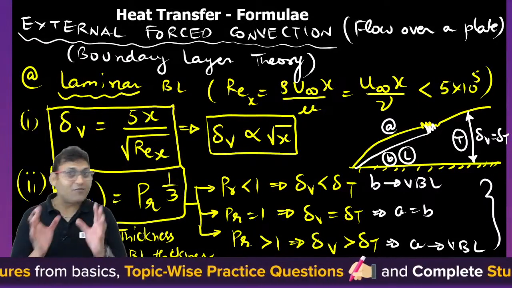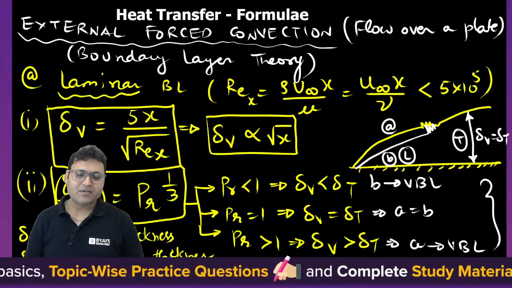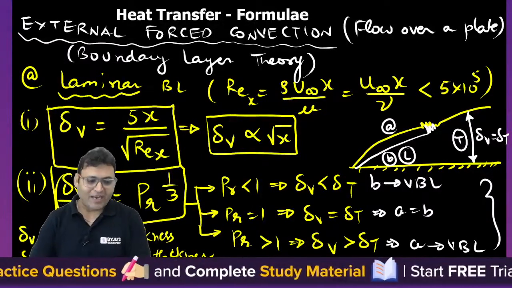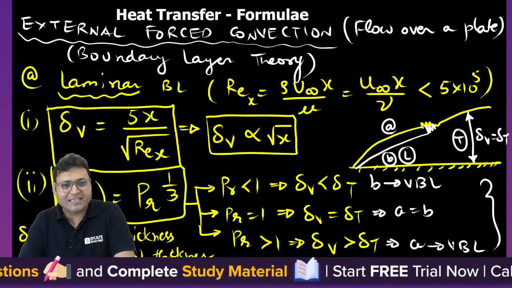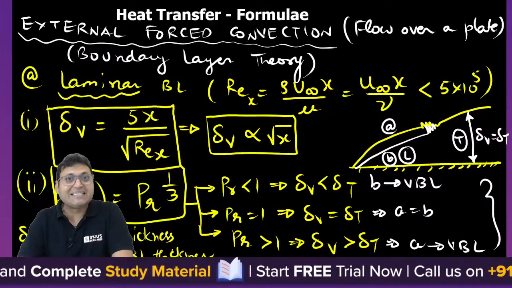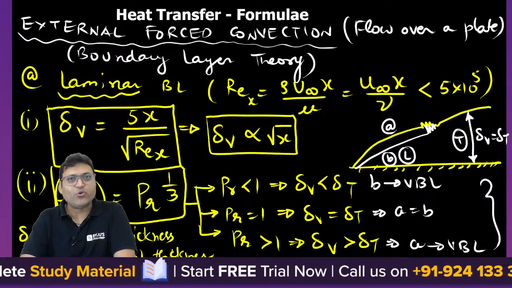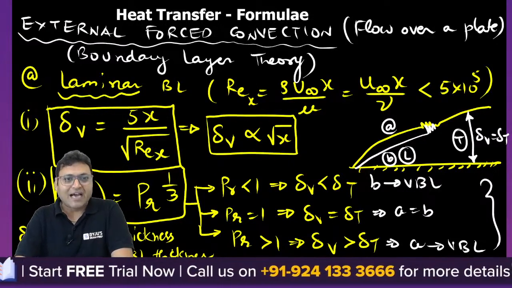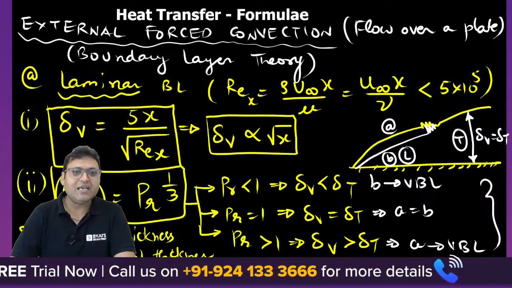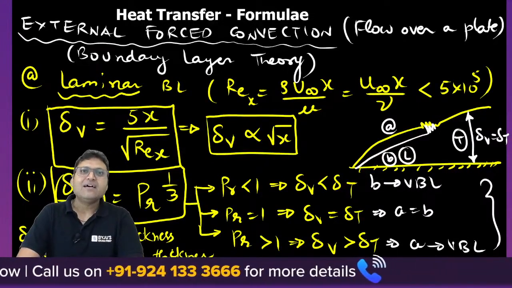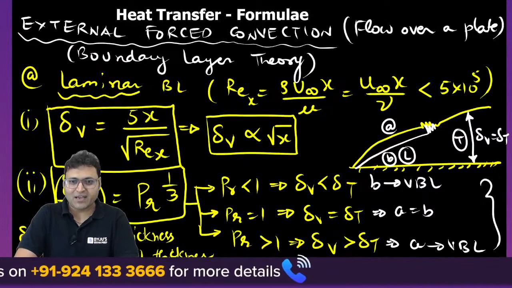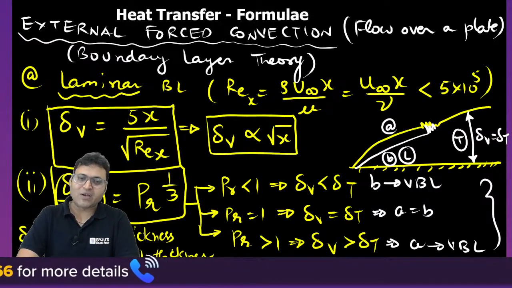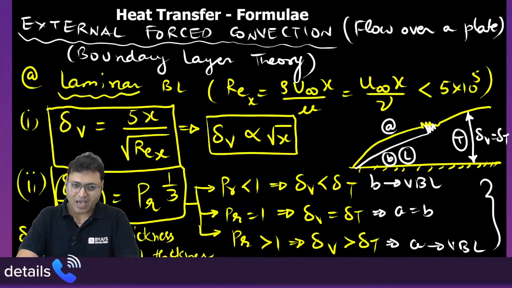It is decided by the Prandtl number. Whenever the Prandtl number of the fluid is less than 1, for example mercury, the growth of velocity boundary layer will be lesser compared to the growth of thermal boundary layer. So the upper curve will be thermal boundary layer and the lower curve will be velocity boundary layer. Are you getting it?